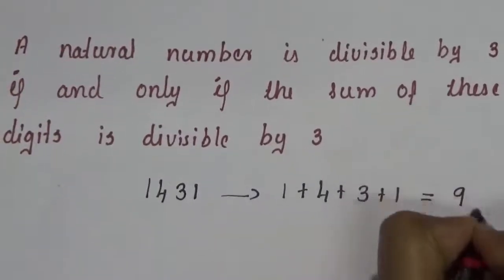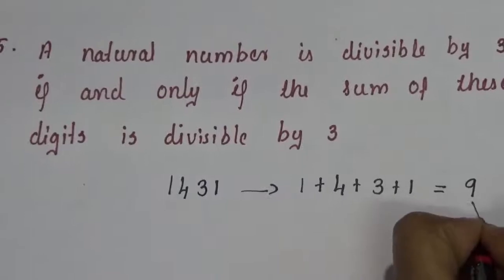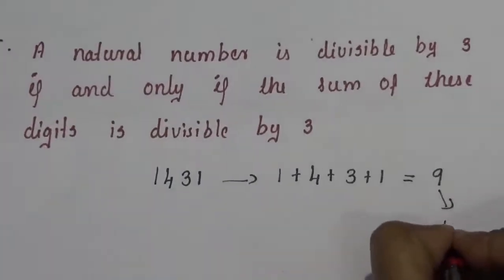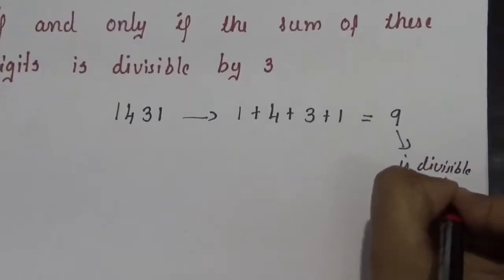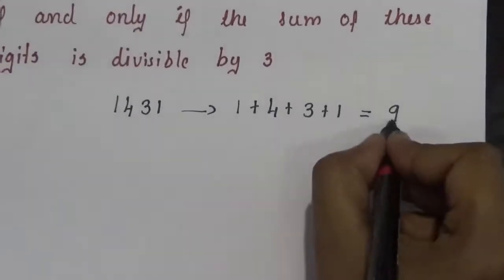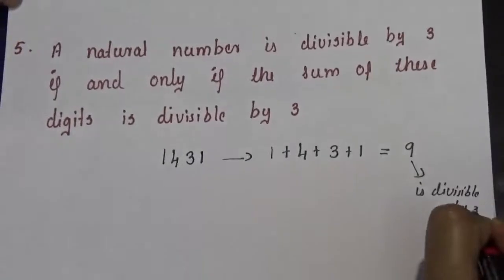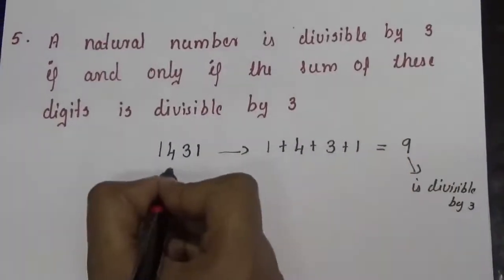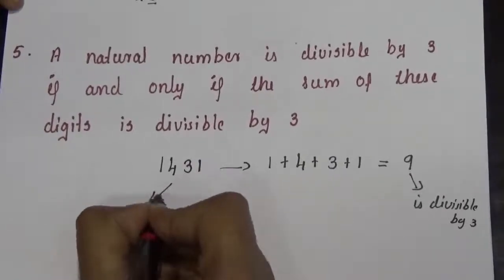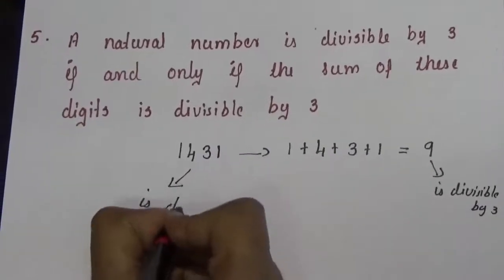Okay. 9 is a multiple of 3, or 9 is divisible by 3. Or otherwise you can check that 9 is there in the multiplication table of 3. So we can say that this number 1431 is divisible by 3.